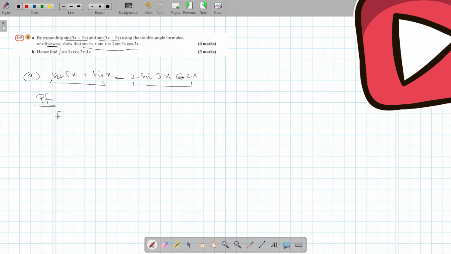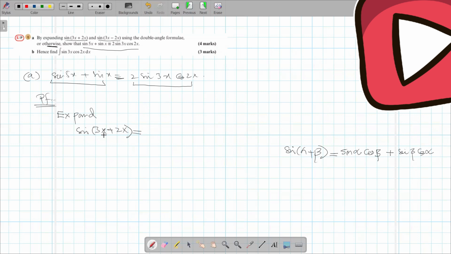So let's do expansion. Expand sine 3x plus 2x by using the formula sine alpha plus beta, which is equal to sine alpha cos beta plus sine beta cos alpha.